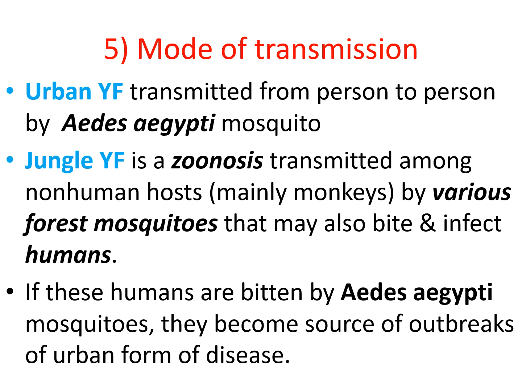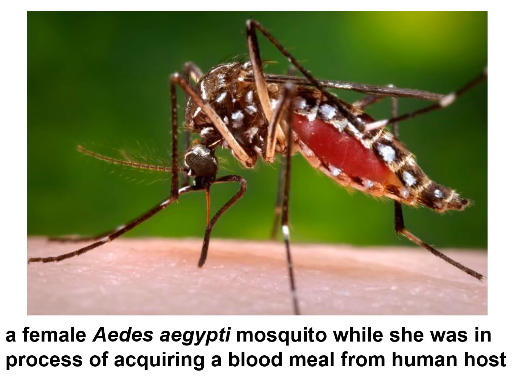If these humans are bitten by Aedes aegypti mosquitoes, they become the source of outbreaks of the urban form of the disease. So there is an urban form and a jungle form. This is the Aedes aegypti mosquito in the process of acquiring blood from a human host.